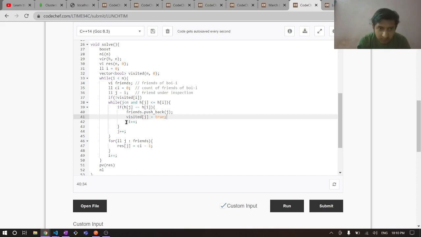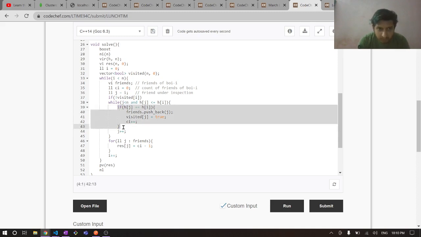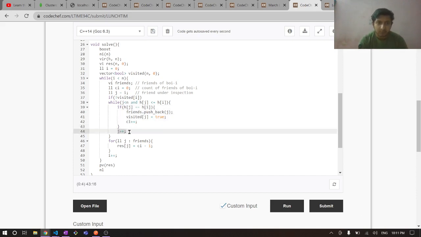And because j is a friend of this group, it will increase the count of friends. Simple. So this way, for the j that can be a friend, I will update these things and j will move on. Okay, j will keep on increasing every time while j is less than n and height of j is less than or equal to height of i.